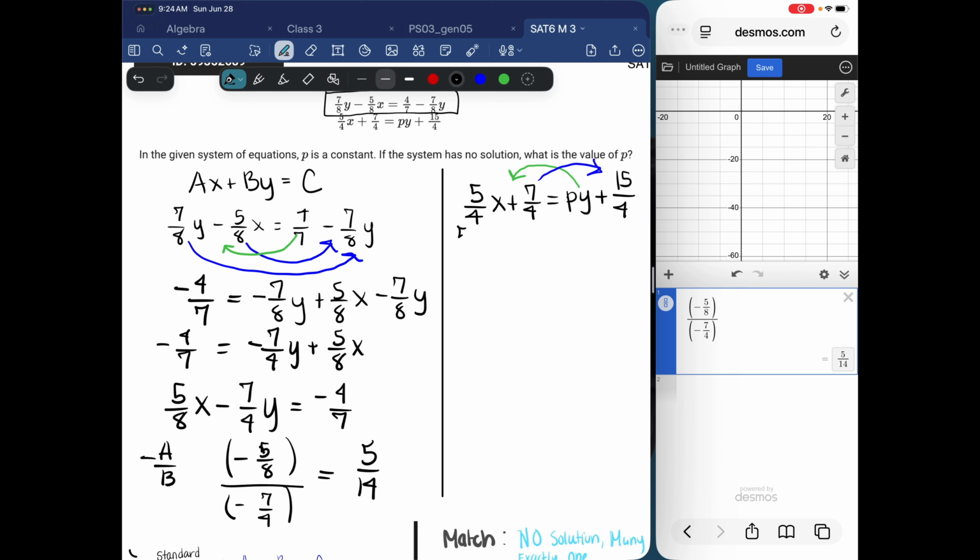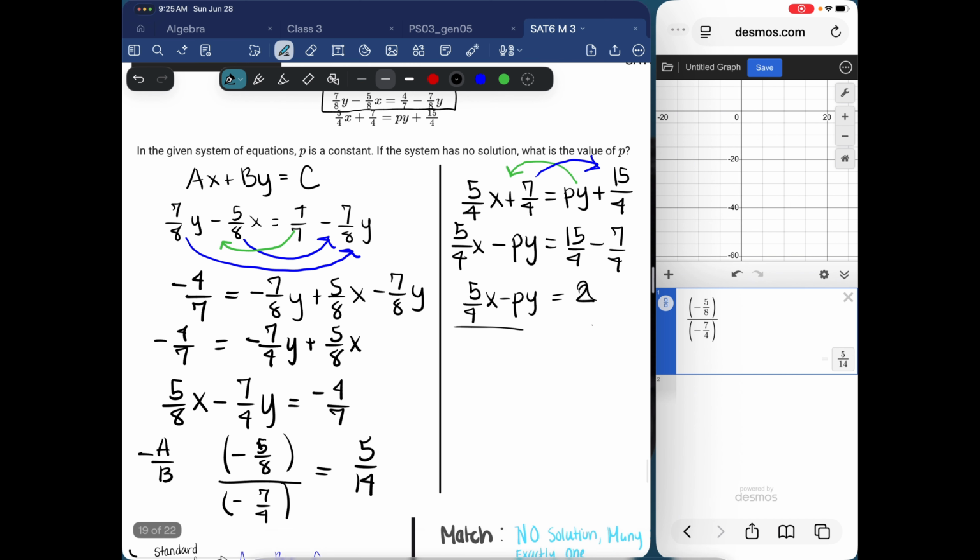So it's going to be 5 over 4 x minus p y equals 15 over 4 minus 7 over 4. Then I get 5 over 4 x minus p y equals 8 over 4, which is just 2. But that doesn't matter anyway. What matters is this side. And the slope is, again, negative a over b. So it's negative 5 over 4 divided by negative p.